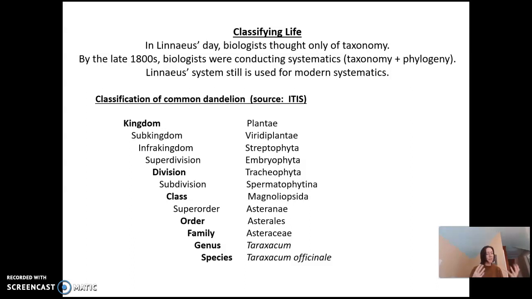So for example, that might sound a little abstract. If you found a new species of plant, you would look at its features, look at its genetics, and if it was similar to wild carrot, you might put it in the Daucus genus. So it might be Daucus with a different specific epithet because it might be a different species.